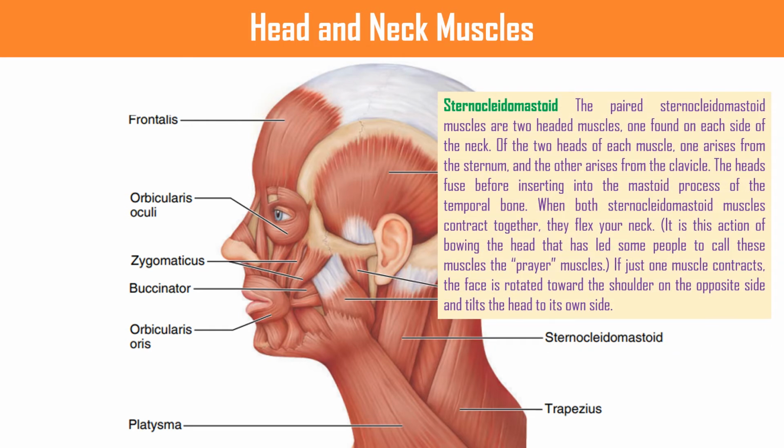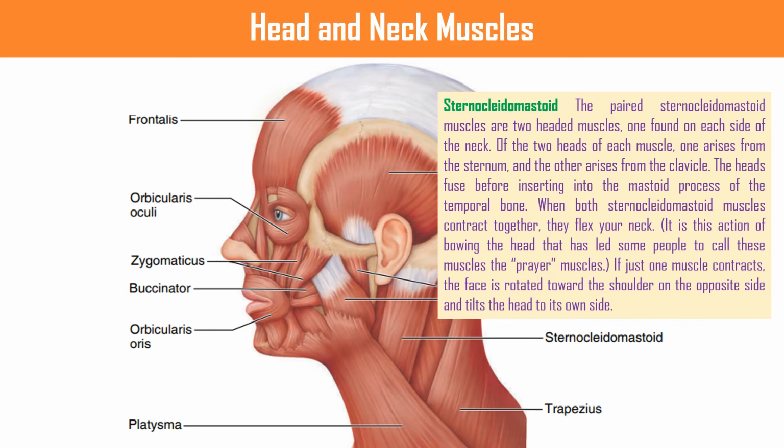Then we have sternocleidomastoid. The paired sternocleidomastoid muscles are two-headed muscles, one found on each side of the neck. Of the two heads of each muscle, one arises from the sternum and the other arises from the clavicle. The heads fuse before inserting into the mastoid process of the temporal bone.